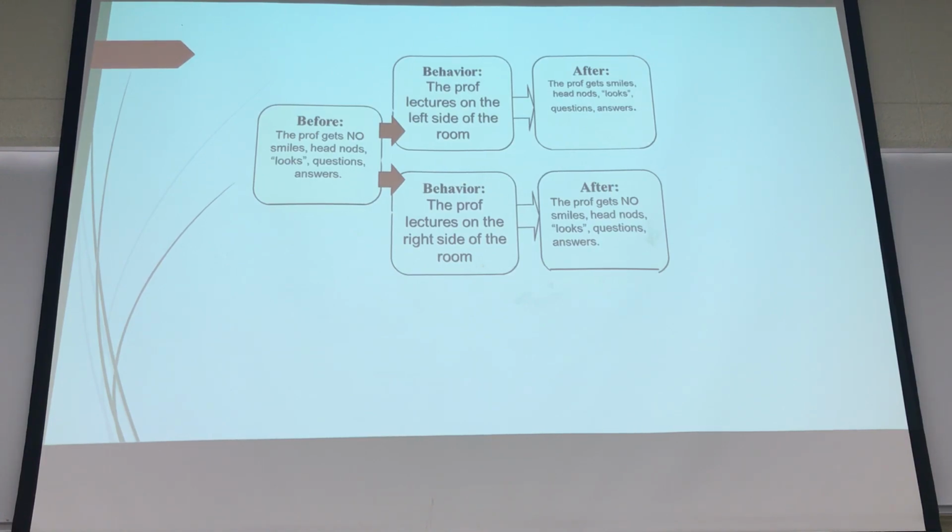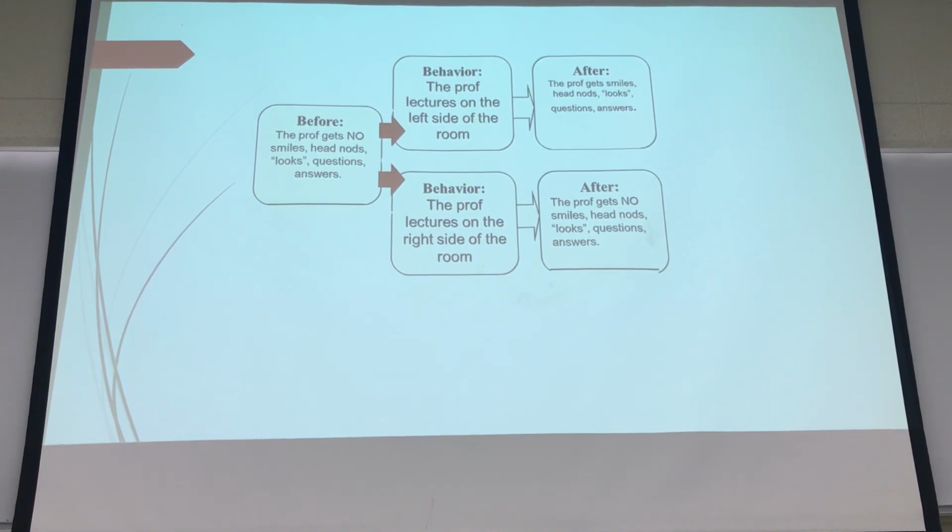So when that professor lectures anywhere on the left side of the room, what are you going to do? You're going to present a reinforcer. Like, you're going to answer a question, you're going to ask a lame or good question, because question-asking behavior is a reinforcer for the professor.